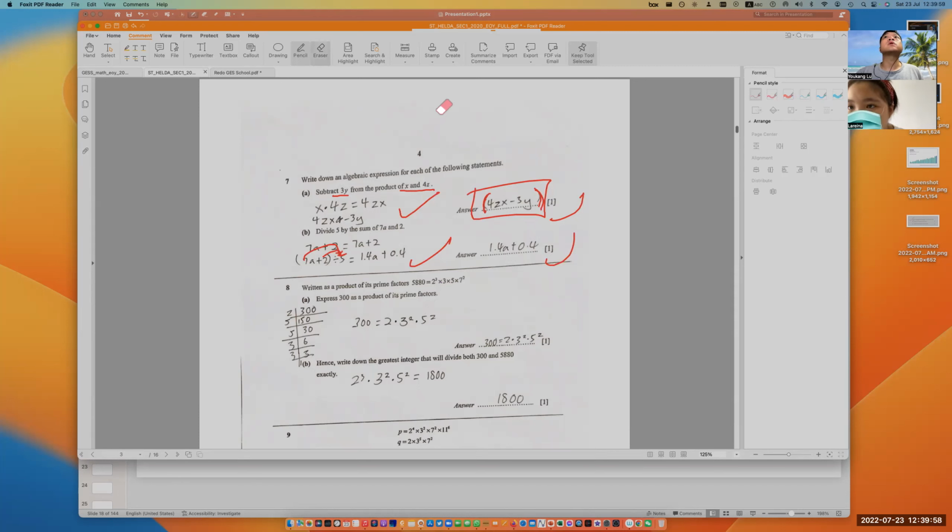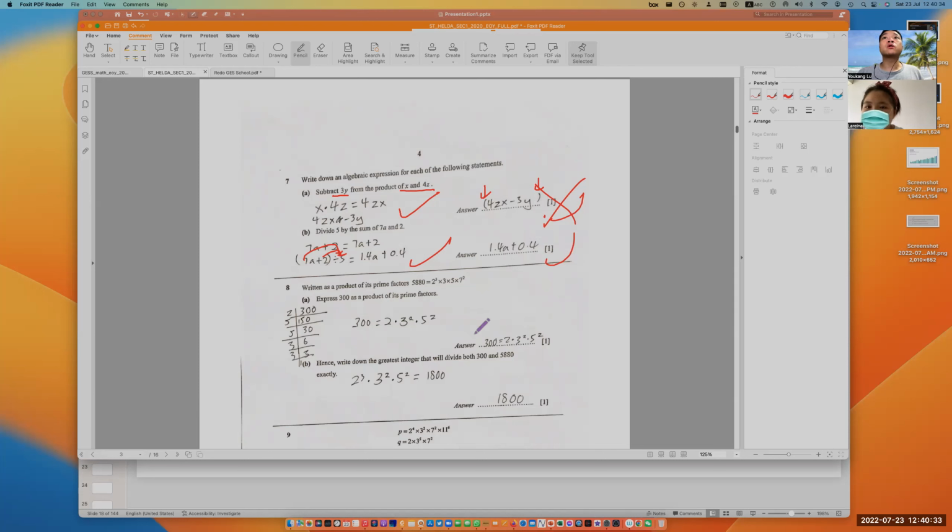No. Then why do you put a bracket here? These days you seem to put bracket anyhow already. Anyhow means don't need bracket, you also put bracket. That's called anyhow. When there is no need for the bracket, you put the bracket, it is wrong. So you don't put bracket anyhow, no need.